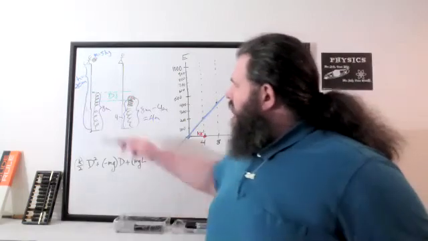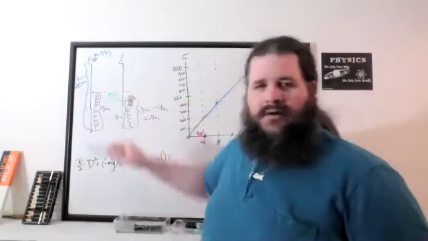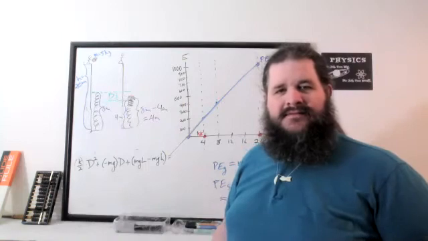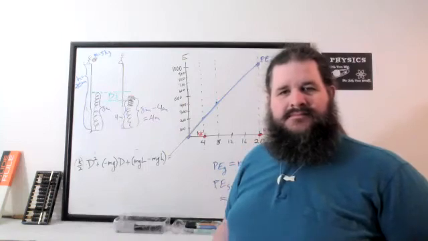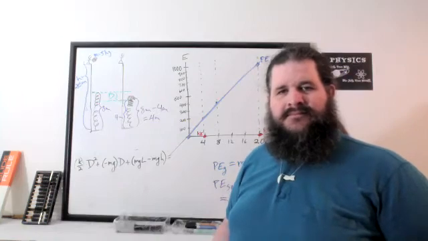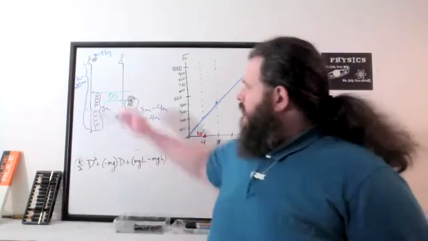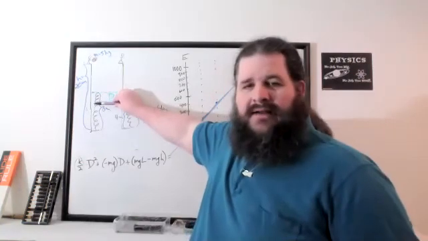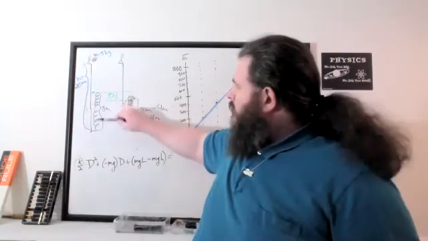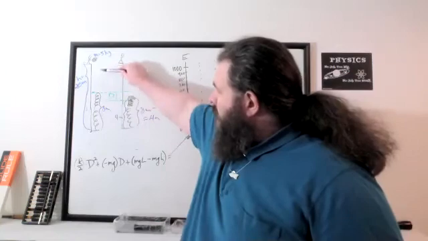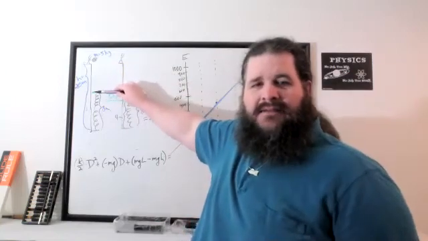Like for instance, let's say you compress the spring 1 meter. What's your new height? Yeah, you compress the spring by 1 meter, you're now at a height of 7 meters. Because the spring is 8 meters long. When you hit the top of the spring, you're at a height of 8 meters.